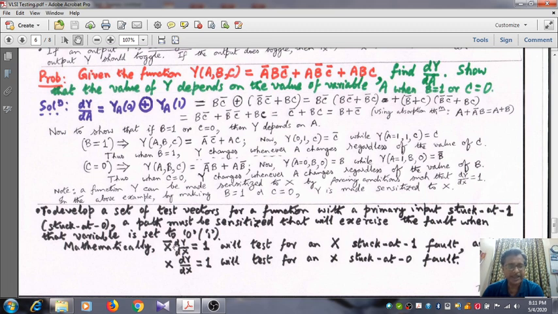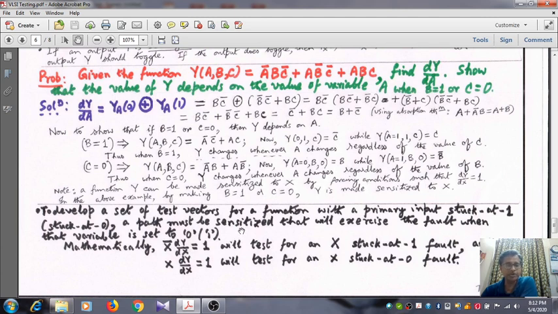Why? Because x bar equal to 1 only when x equal to 0, right? So you have to set the variable to 0 so that you can test it for stuck at 1 fault. And dy dx is the condition which must be true so that y is sensitized to x.